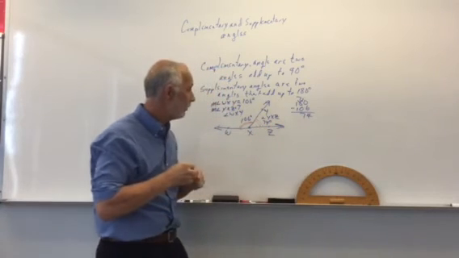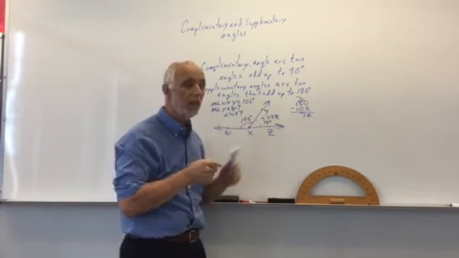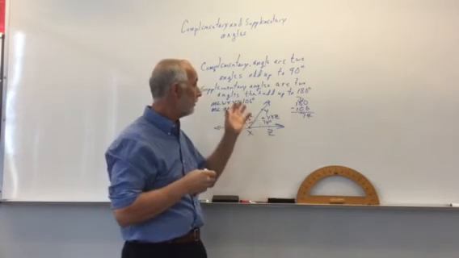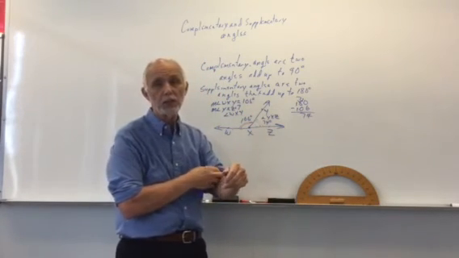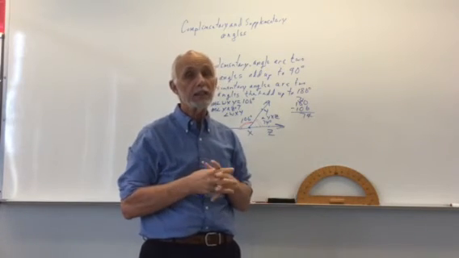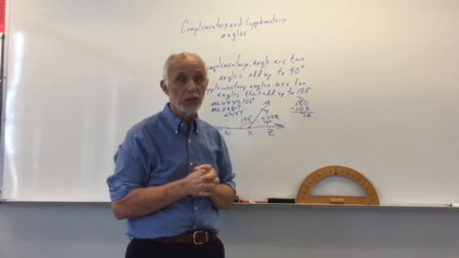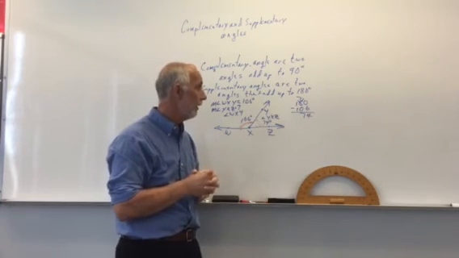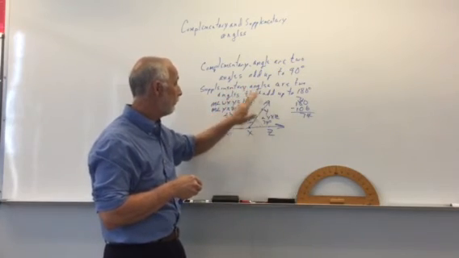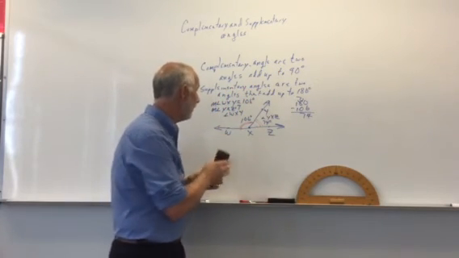And you can check your answer by adding the two angles, and if they add up to 180, then you know you did it right. This is pretty easy math computation. It's just subtracting. If it's complementary angles, you subtract from 90. If it's supplementary angles, you subtract from 180.